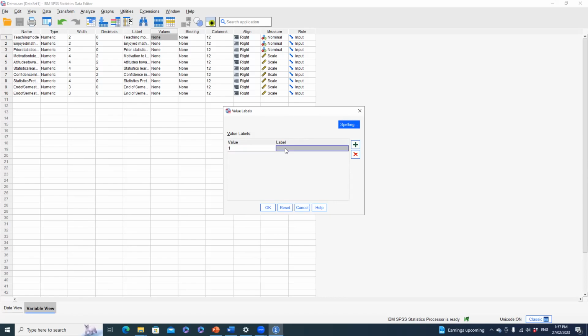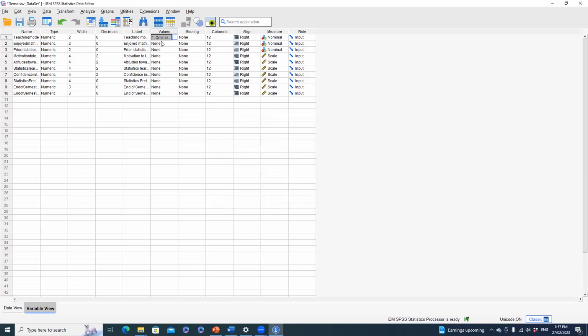So the first one in our teaching mode variable is the online option, which is a value of 1. We can now put in the next one, which is the in-person, and then we can put in another one, which is number 3. That's our blended delivery option there. And then we can click OK.